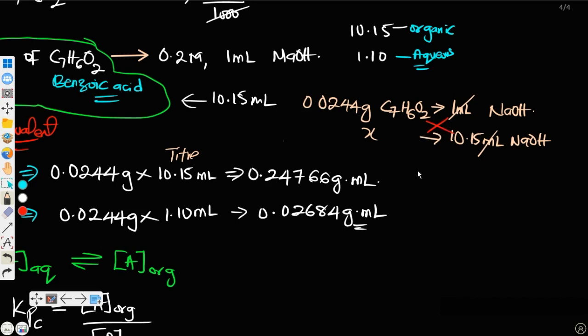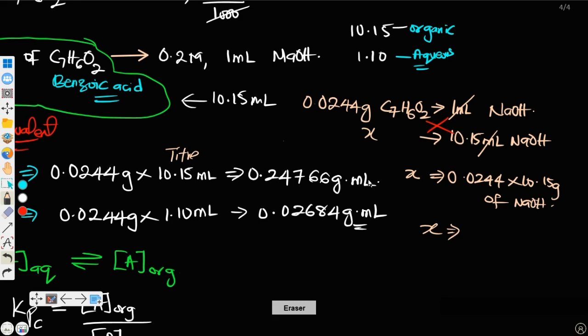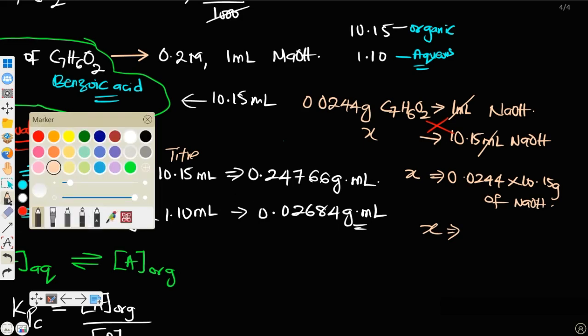So at the end of the day, X will be equal to 0.0244 times 10.15 gram of sodium hydroxide. All right, X would be equal to, when you multiply that, it's going to give us this value, gram of sodium hydroxide. So what I'm trying to say here is there is no need of you putting this.